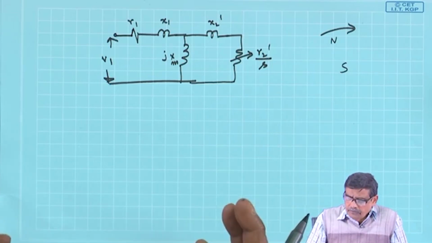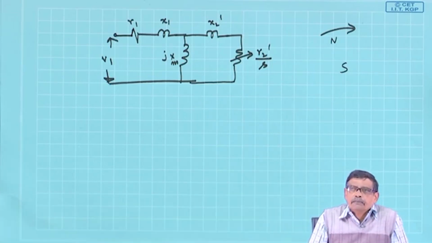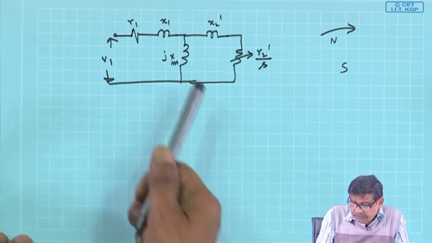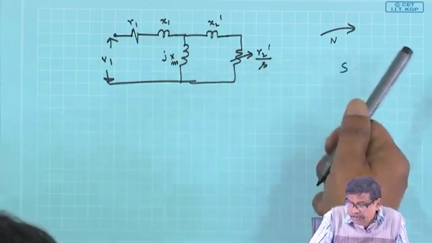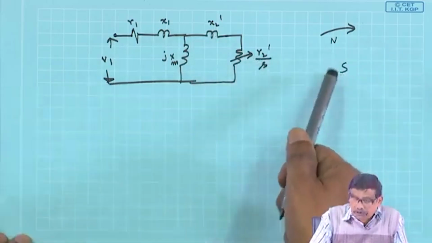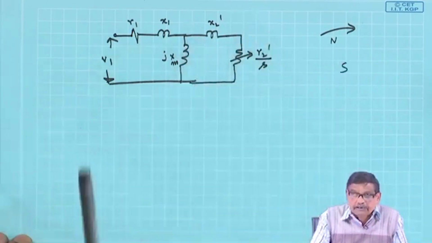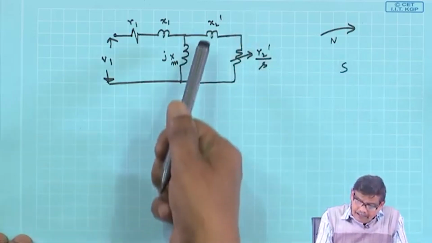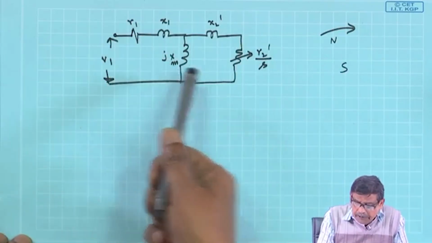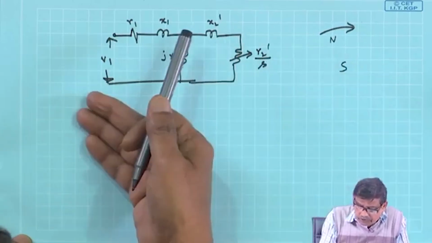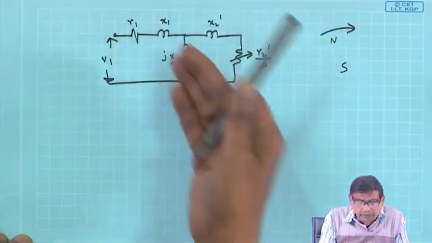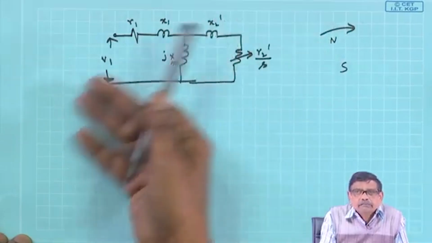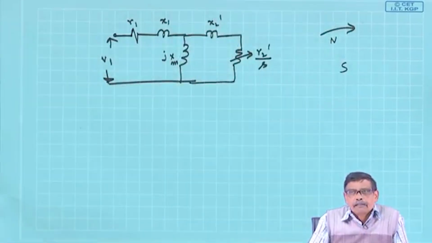And therefore, I can proceed as usual, because after all these parameters, which will be the equivalent 3-phase rotor winding per phase parameters, are all referred to the stator, and these parameter values can be determined by doing some simple experiments.